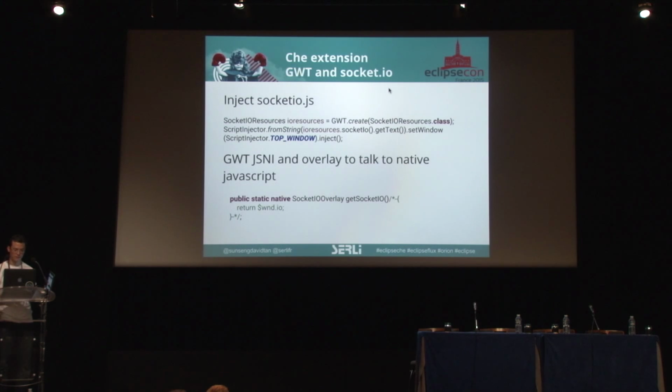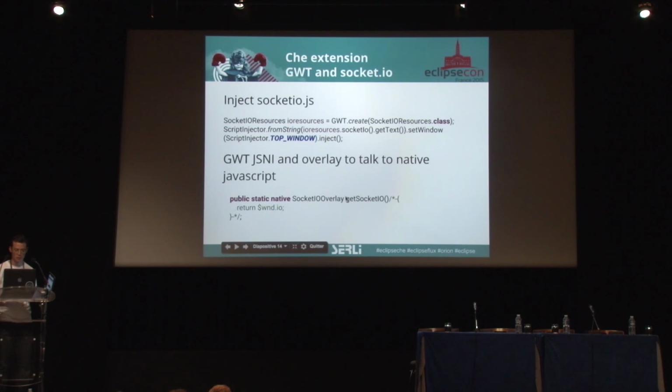So in these few lines, we are just importing the source of Socket.io, and we are injecting Socket.io into the current JavaScript session. What I can do then with JSNI and overlay is call JavaScript methods and map them into Java objects.